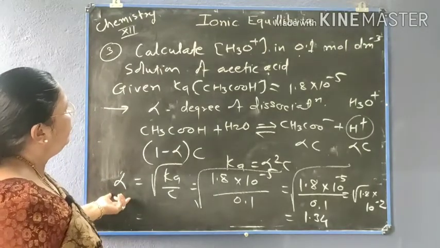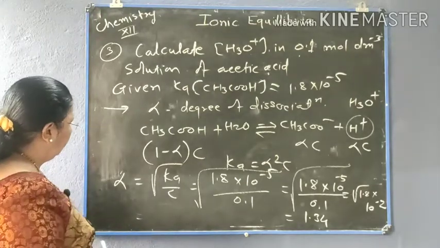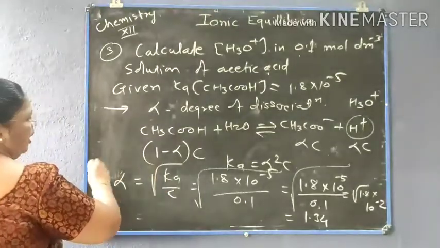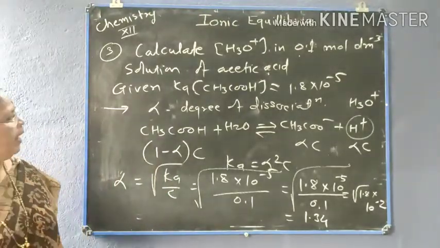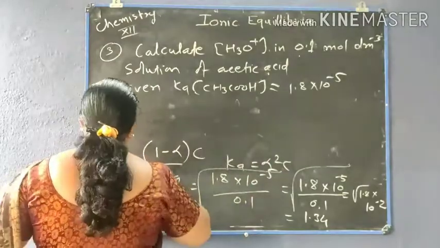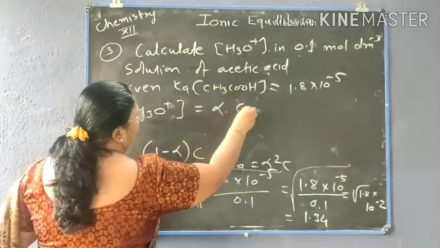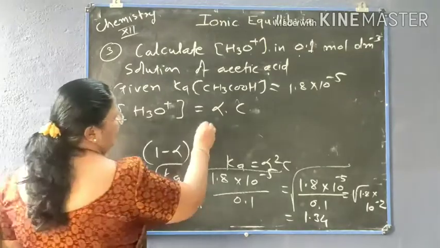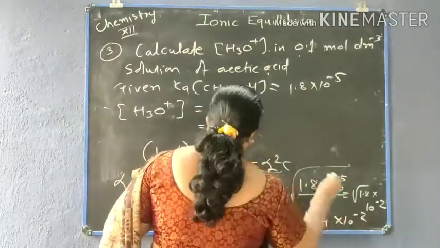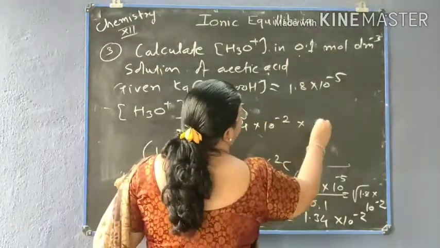Again, you have to calculate the concentration of H plus ions, the concentration of H3O plus, and this concentration of H3O plus can be calculated as alpha into C. The value of alpha is 1.34 into 10 raised to minus 2, and the concentration C is given as 0.1.